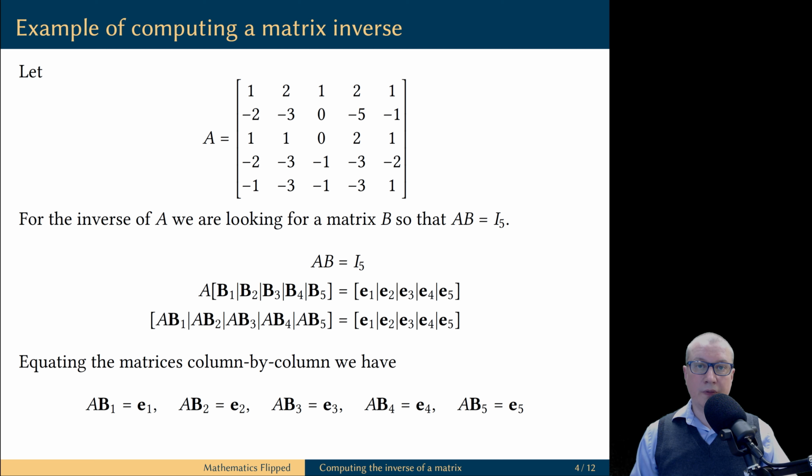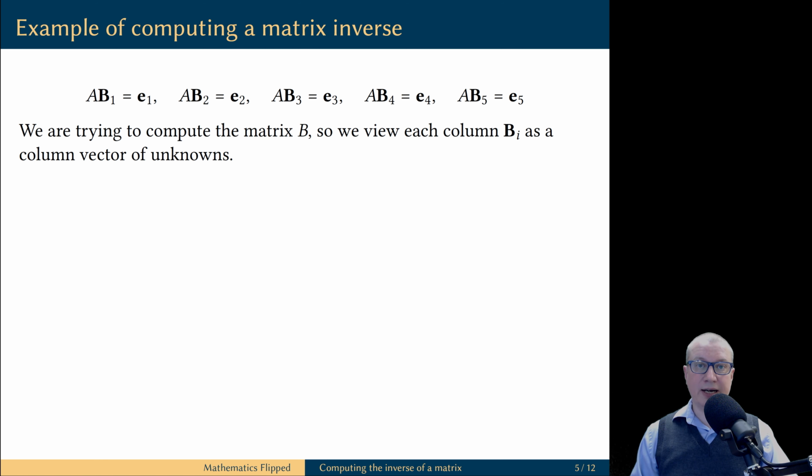Now we can view this last equality of two 5 by 5 matrices as equality of the columns. The first column of the matrix on the left-hand side is equal to the first column of the matrix on the right-hand side. The same is true for the second, third, and all the way up to the fifth column.